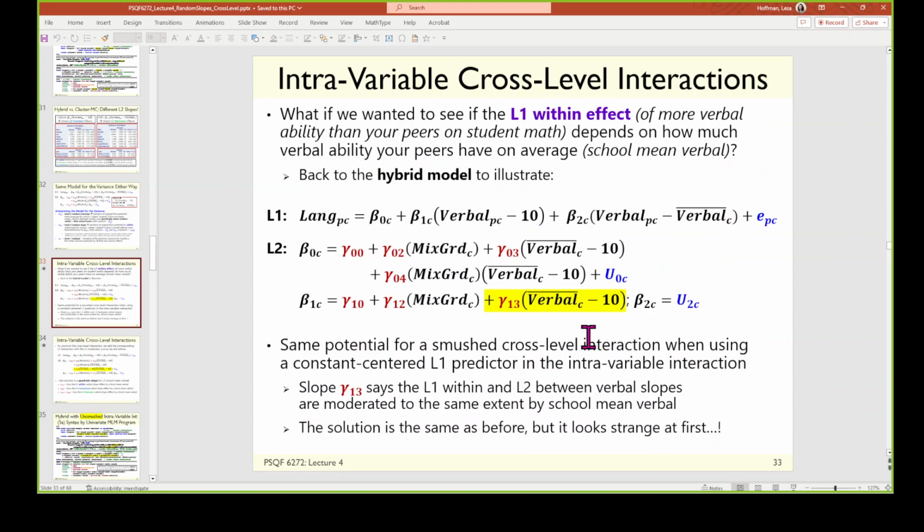Intravariable cross-level interactions. We talked about this at the beginning of class. Is this one okay? This is student verbal by school mean verbal. Oh, no, that's smooshed. It's still smushed. What's the rule? How do I fix it? Whatever you do to level 1, you do to level 2 as well.